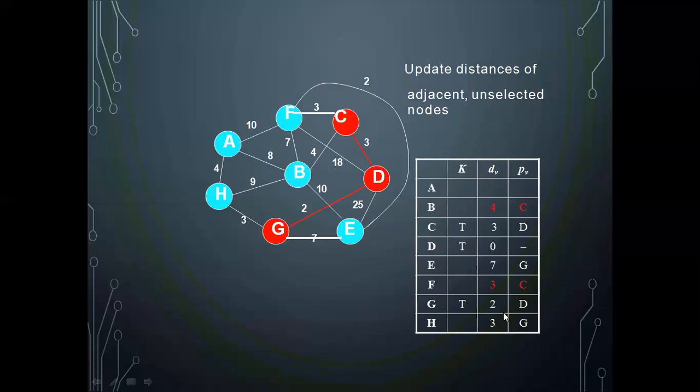So 0 it's already there, 2 is already there, then the minimum is this 3 and this 3. So I can select any of this, either C to F edge I can add or I can add B to H. So I can take anything, it won't make any difference.